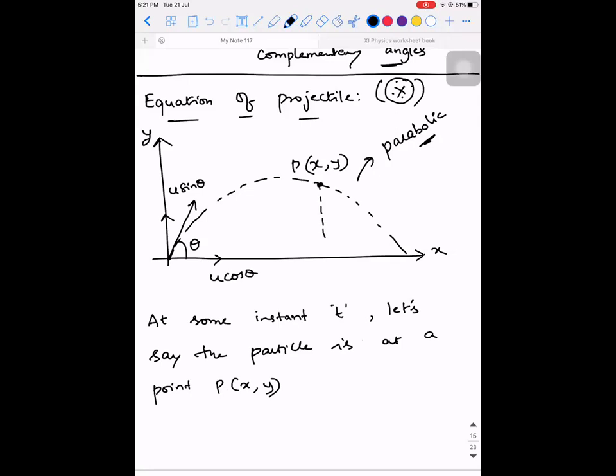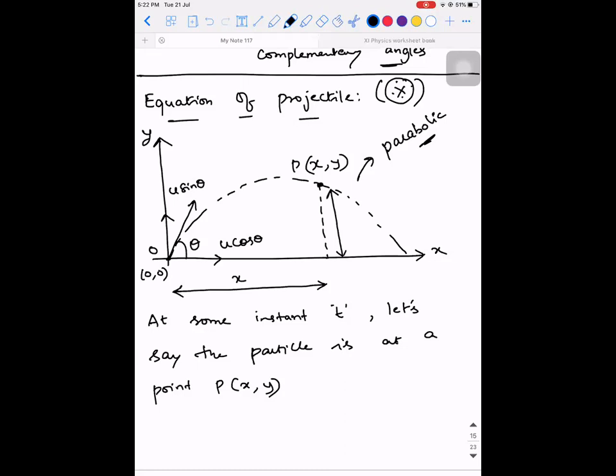So if I drop a perpendicular, what is this distance equal to? This is 0, 0. So what is the distance from the origin to the foot of the perpendicular drawn here? It is x.